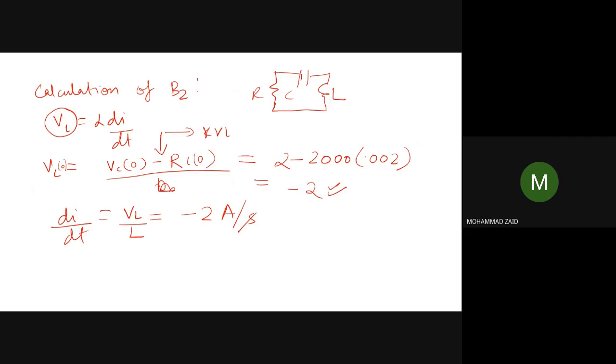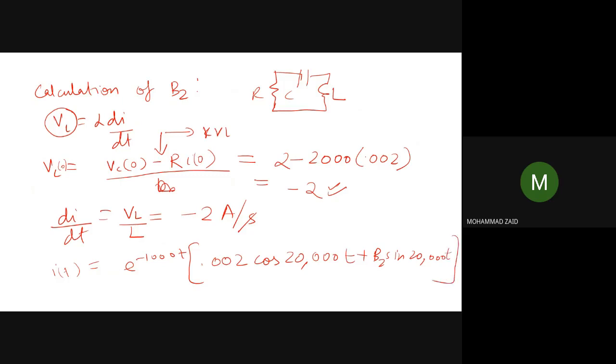Now we can differentiate this equation, which we already know. Let me write this equation again. We have written it as i(t) equal to e to the power minus 1000 t, bracket, B1, which we have already determined as 0.002, cos of 20,000 t plus B2 sine of 20,000 t.